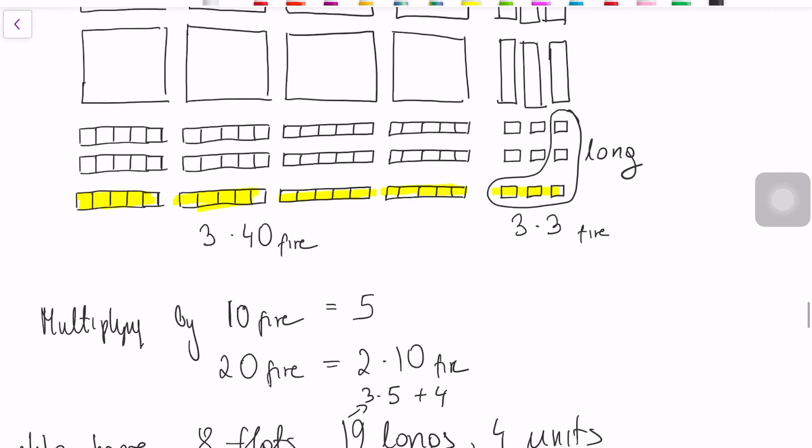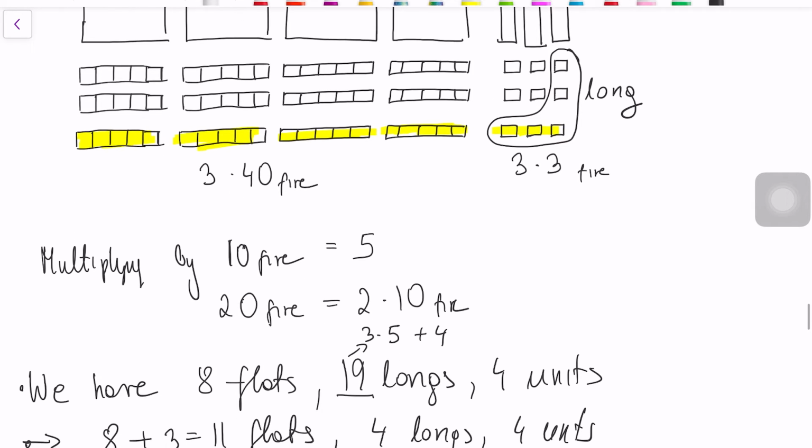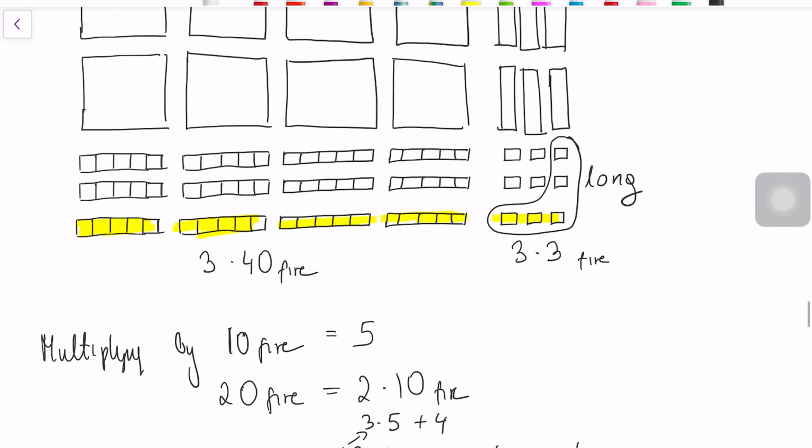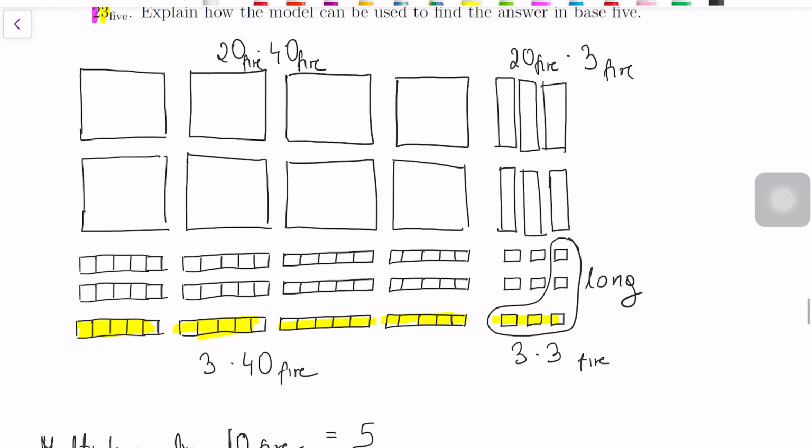Again, because 19 longs we had, I again have to group by 5, which would give me 3 flats. And you can also mark it on the picture. This is long, and now that would be my flat. This would be my flat.